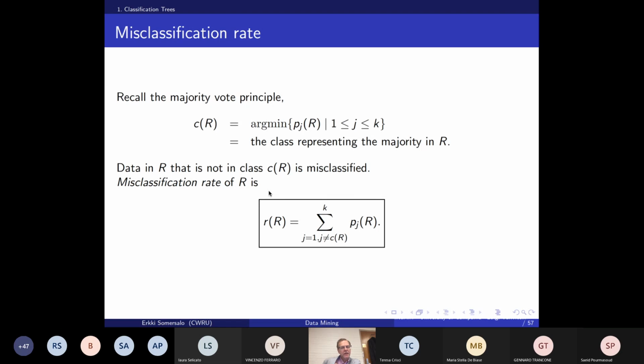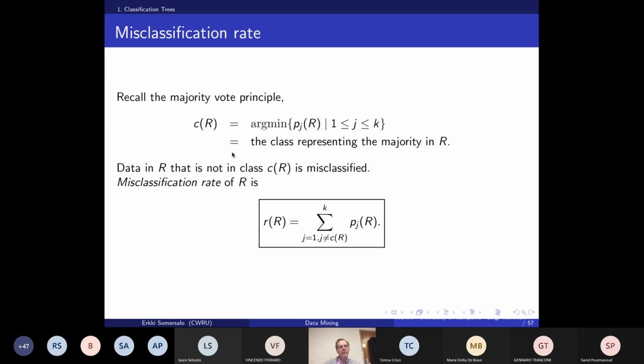I said there is the cost, so misclassification. We are going to use the misclassification rate or misclassification error, as we defined it earlier, as a criterion of how much we want to prune a tree and still consider it to be a good classifier tree.